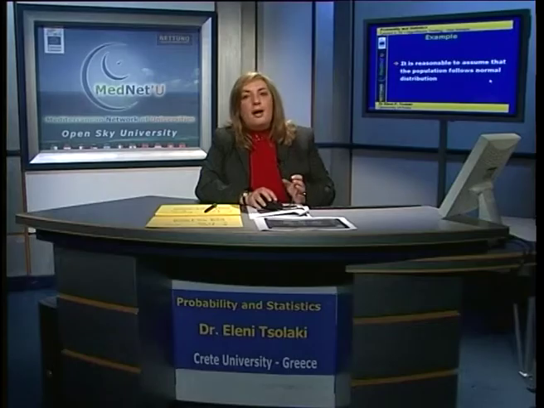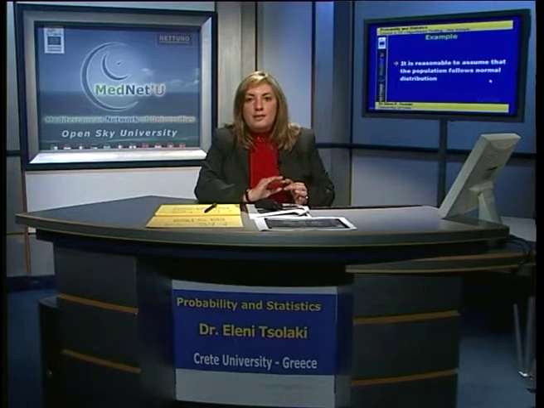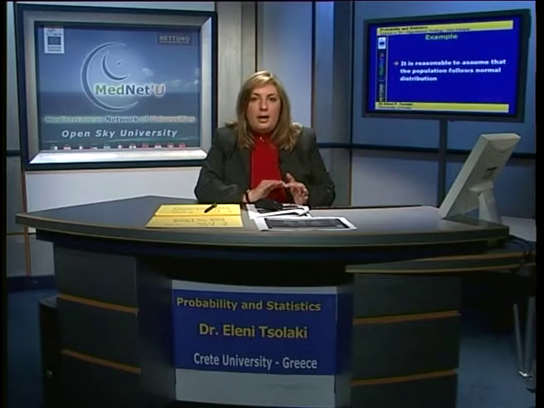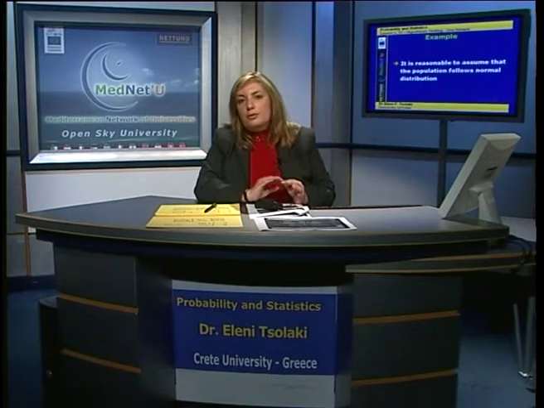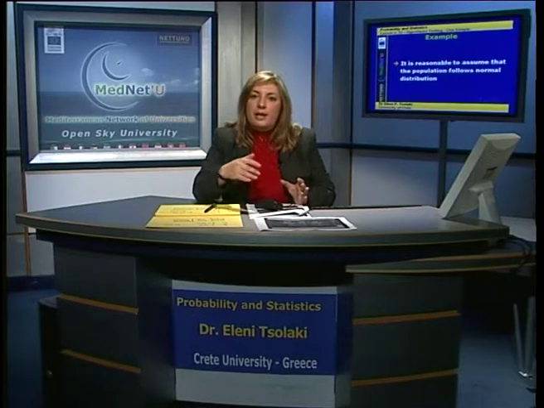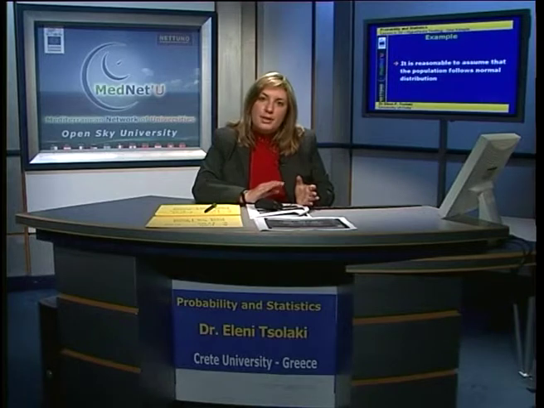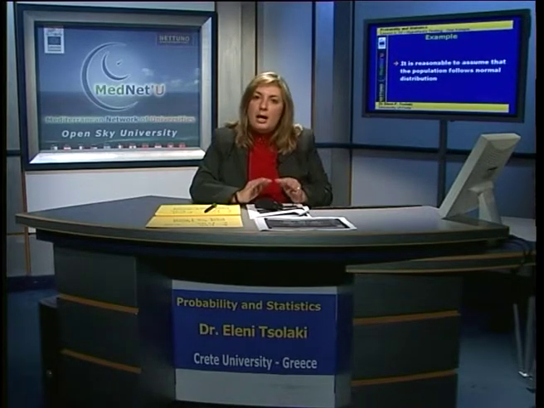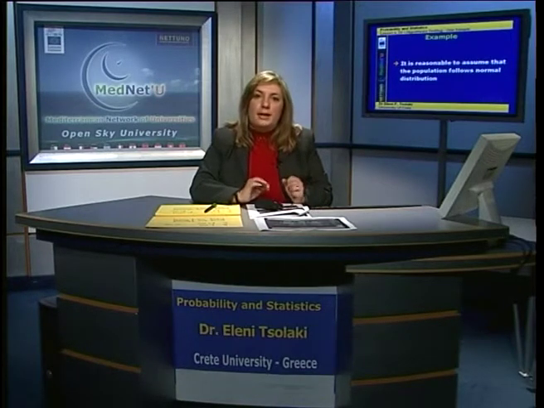We said when we saw this example in the confidence intervals that we are going to make this assumption. It is reasonable to assume that not a lot of people are going to get very high commissions and not a lot of people very low commissions, and there's going to be an average number around which all other numbers are normally distributed.